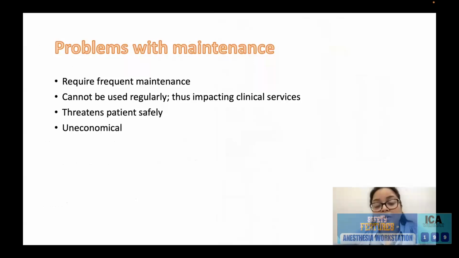And if the cost of maintenance is coming too high, it is uneconomical to use that kind of machine. So what I mean to say is that the anesthesia record and log should be kept for all the anesthesia machines in clinical use, the problems of all the machines should be documented, and these records should be reviewed regularly.